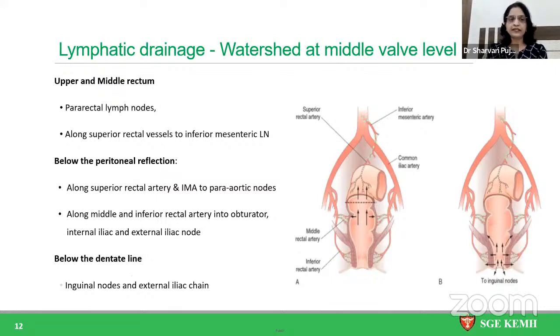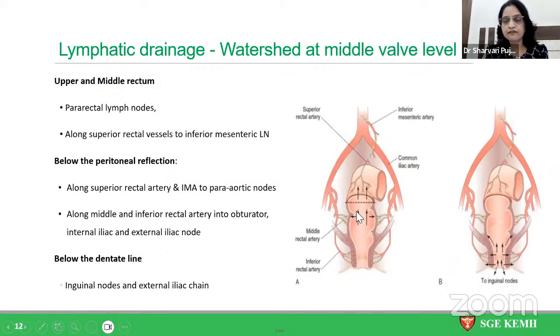Now coming to lymphatic drainage. The upper and middle part of the rectum drains via the nodes along the superior rectal vessels, first to the pararectal nodes and then to the inferior mesenteric nodes. Below the level of peritoneal reflection, there is dual lymphatic drainage.